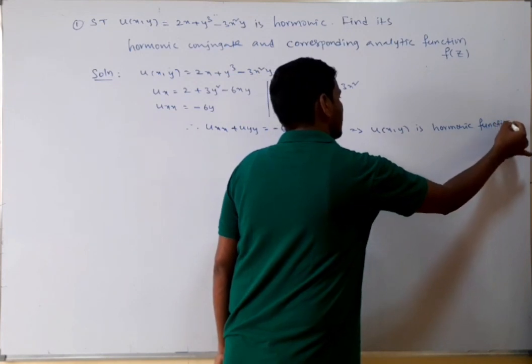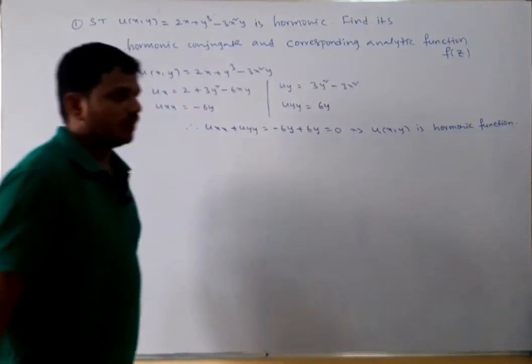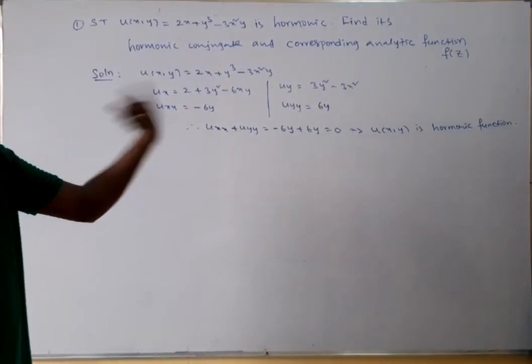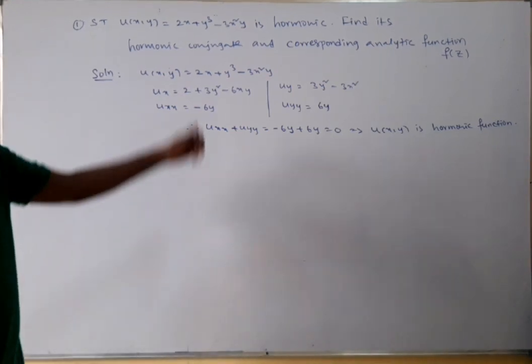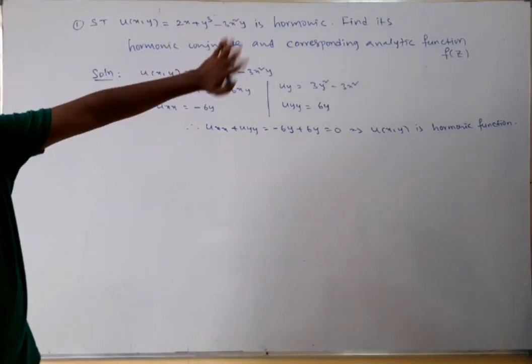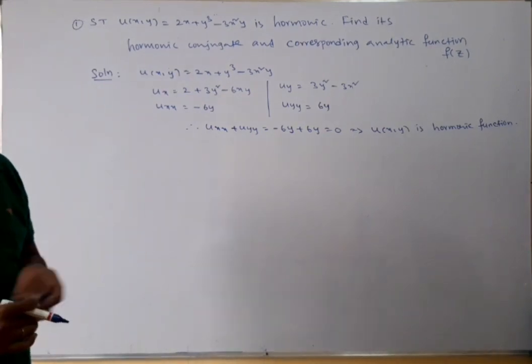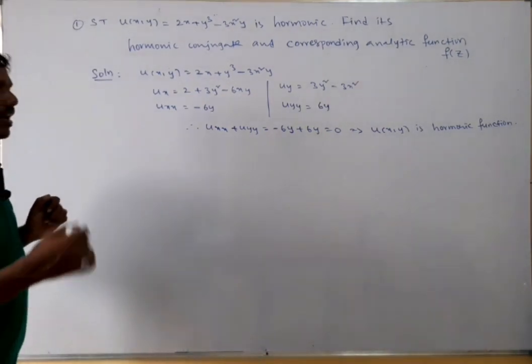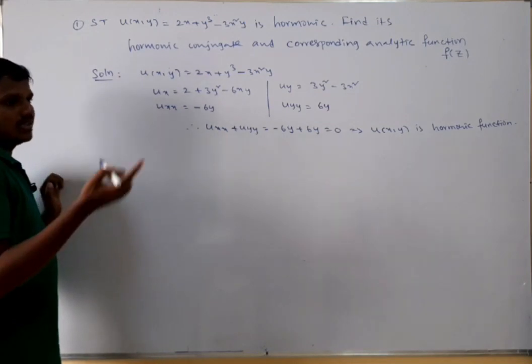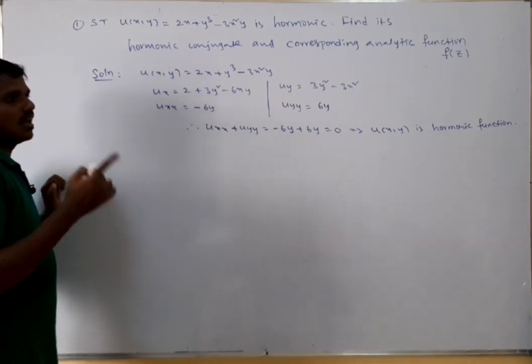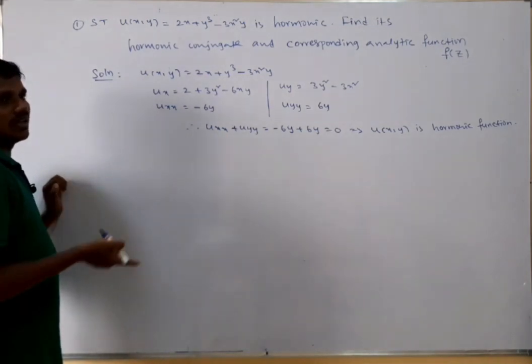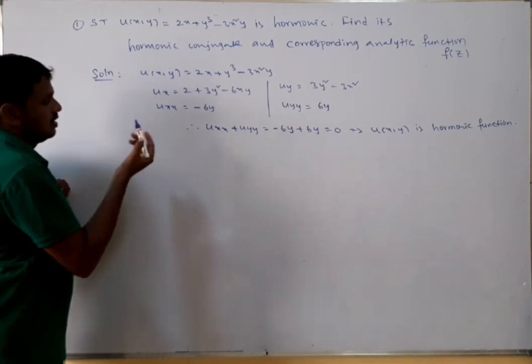This is a harmonic function. Now we are going to find the harmonic conjugate v of x comma y. Clearly f of z is an analytic function, which means we may use the CR equations. By using the CR equations, we can find the imaginary part, that is the conjugate of u of x comma y.